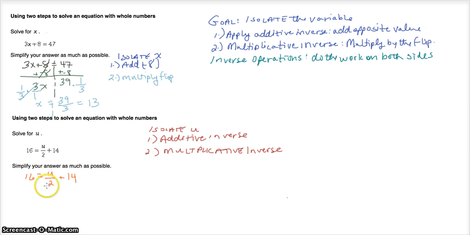And the first thing we're going to do, after we break our equation in half, is add the opposite of the constant, or add negative 14 to cancel it out to get 0. 16 plus negative 14 is positive 2, equals u over 2.